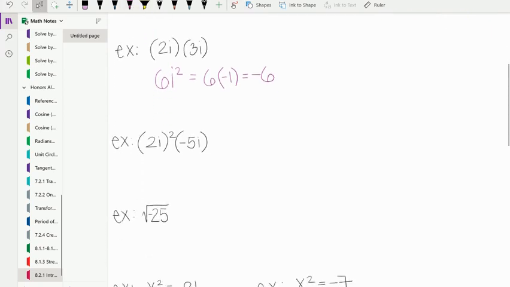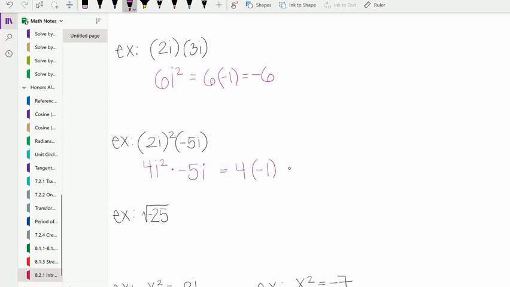On this next one, we have 2i, the quantity squared, times -5i. So we want to distribute that square to both the 2 and the i. So this would really become 4i squared times -5i. Let's think about this. We know 4 times i squared is really 4 times -1.